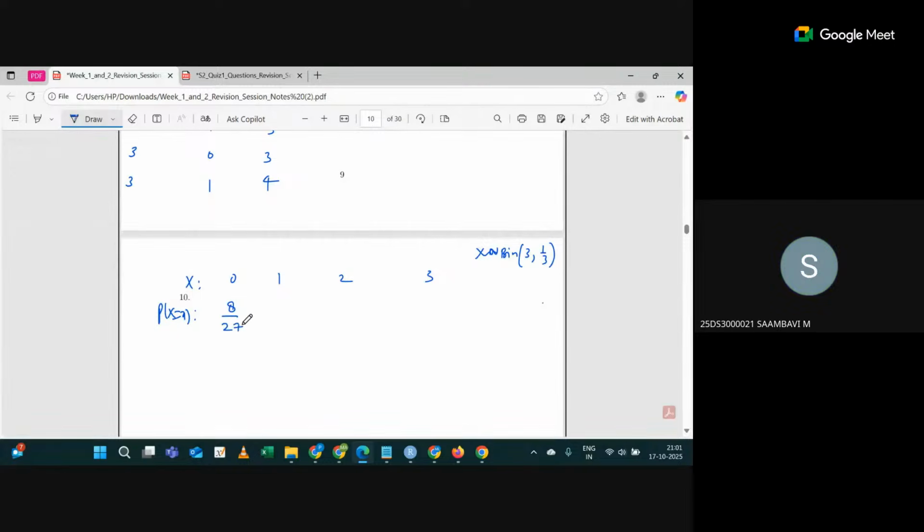And for 3C3, it will be 1 by 27. Can you calculate one more value and then we can move on?